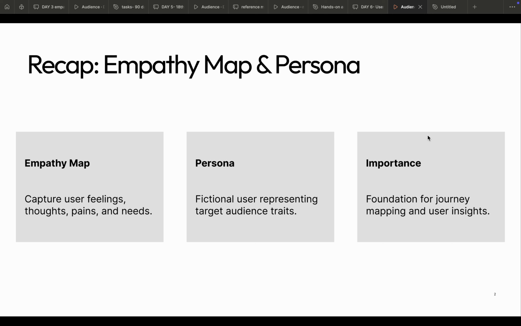That is how usually a competitor analysis will be. And I've also demonstrated how we can work on the pros and cons in competitor analysis.